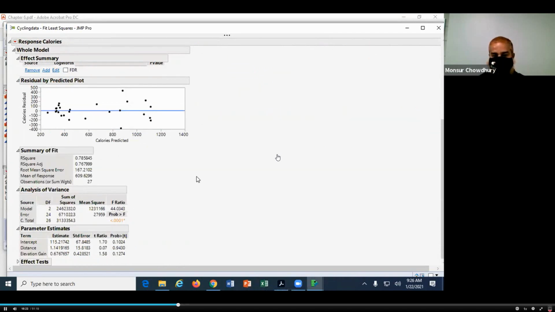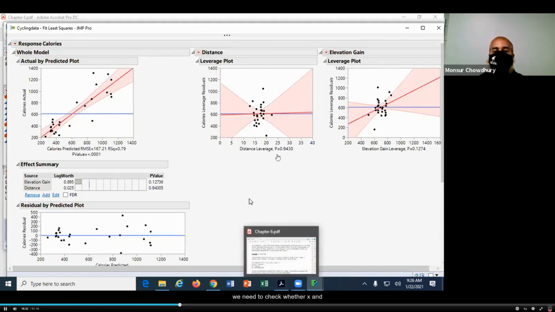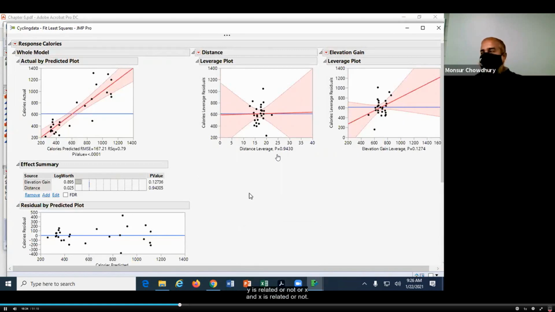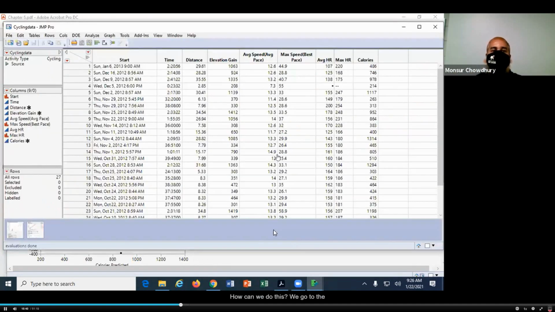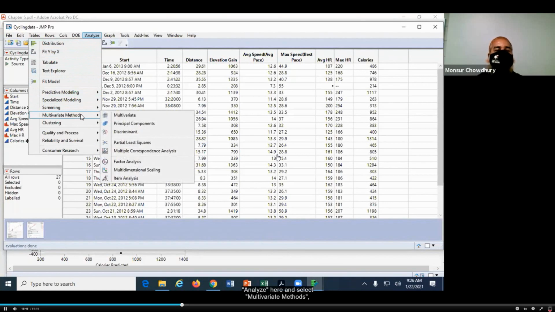Now, as I mentioned before, before fitting the multiple regression model, we need to check whether X and Y are related or not, or X and X are related or not. So how can we do this? We go to Analyze here, select Multivariate Methods, and then click on Multivariate.